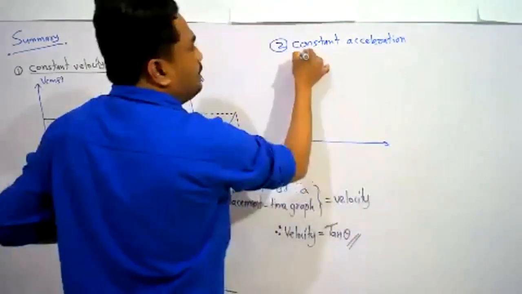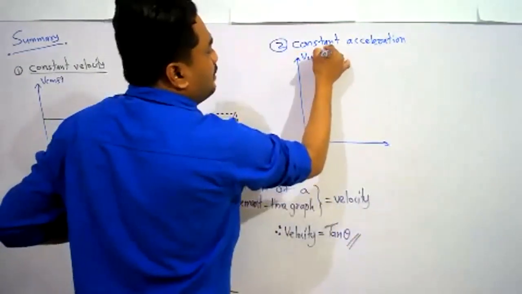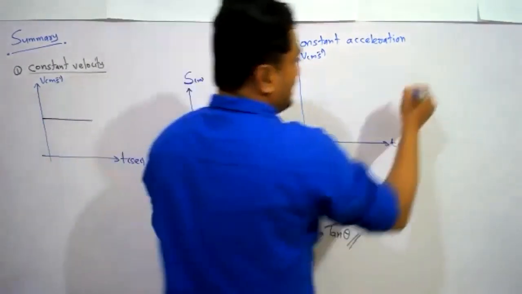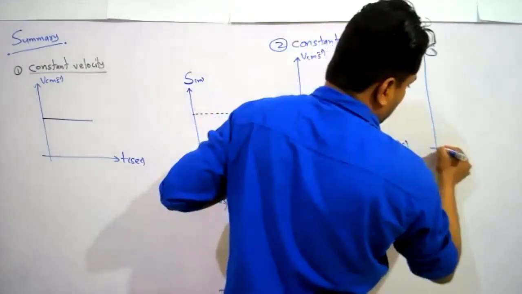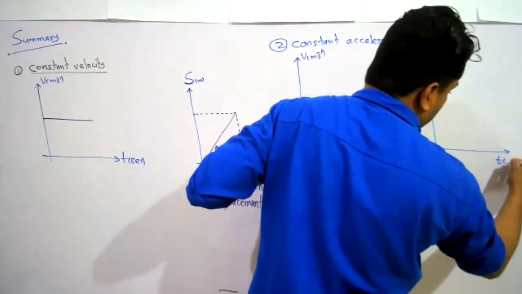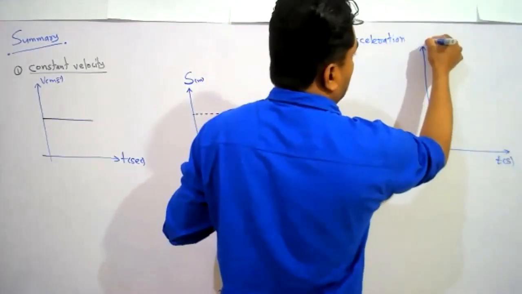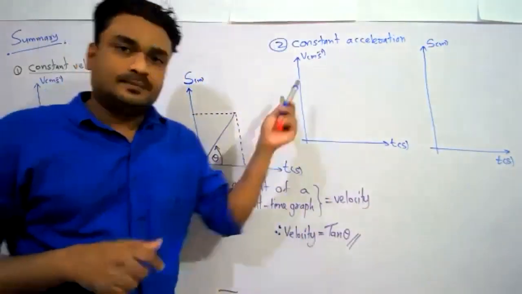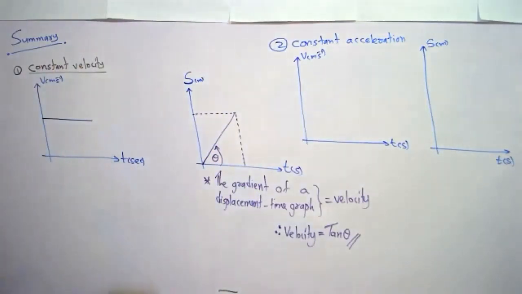Velocity time graph, V for velocity, T for time. And how do you represent constant acceleration in a displacement time graph? T for time, S for displacement. So this is what we are going to learn next. Summary number 2. First you complete summary number 1.